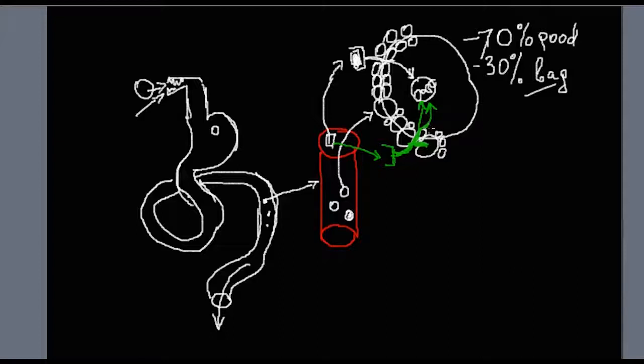By definition, cancer is fast growth and reproduction. So now you can see how important it is to maintain the ratio of the cell membrane 70 to 30, meaning that we have to eat 70% good fat and about 30% bad fat.